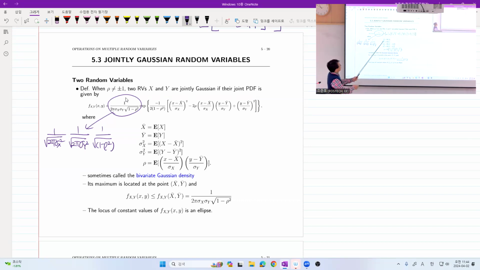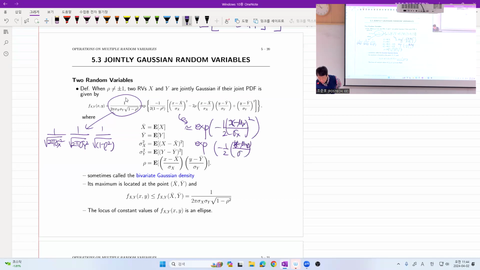And also, here you have something strange, but it looks very similar to x minus mu x squared divided by 2 times sigma x squared, plus 1/2 y minus mu y divided by sigma y squared.